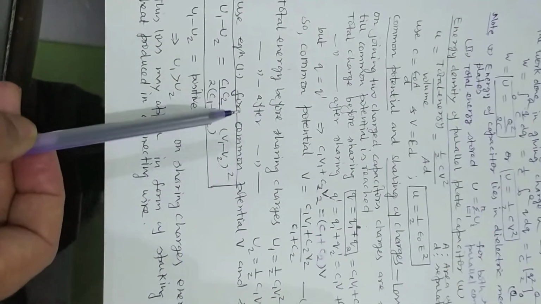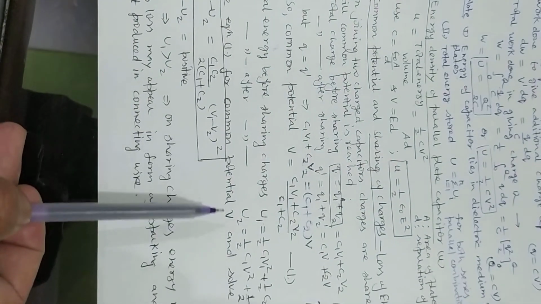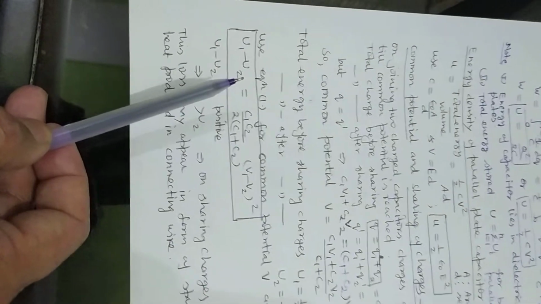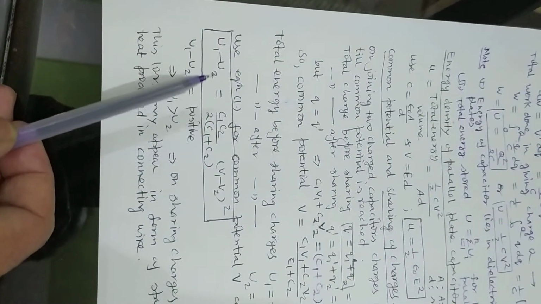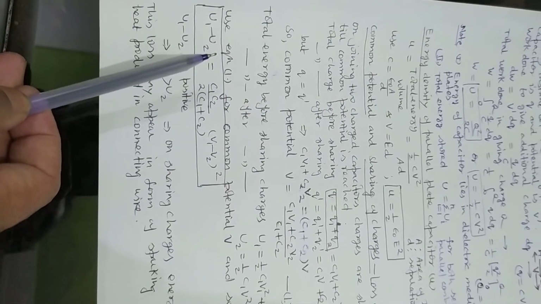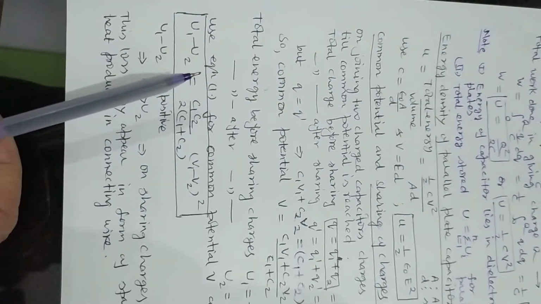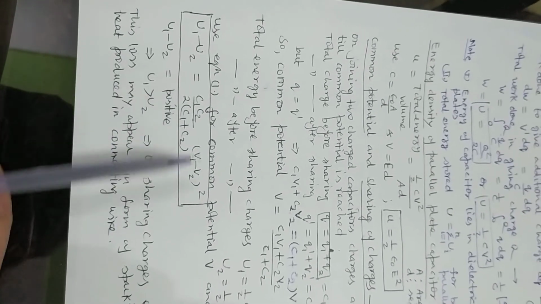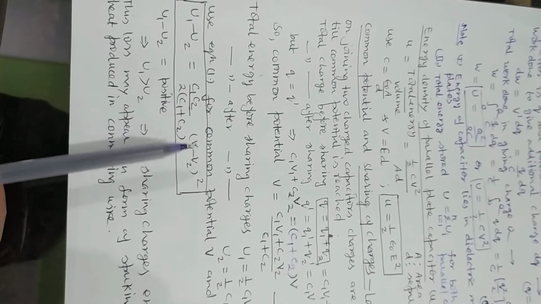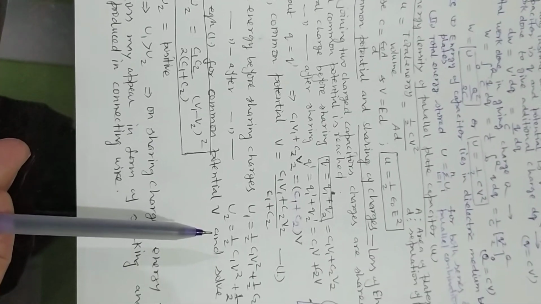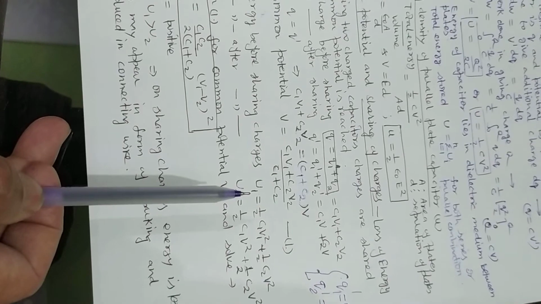We can use the equation for the common potential here and calculate U1 minus U2, that is the difference of energy of the system before and after the joining of the capacitors. Solving the terms, we will have this.